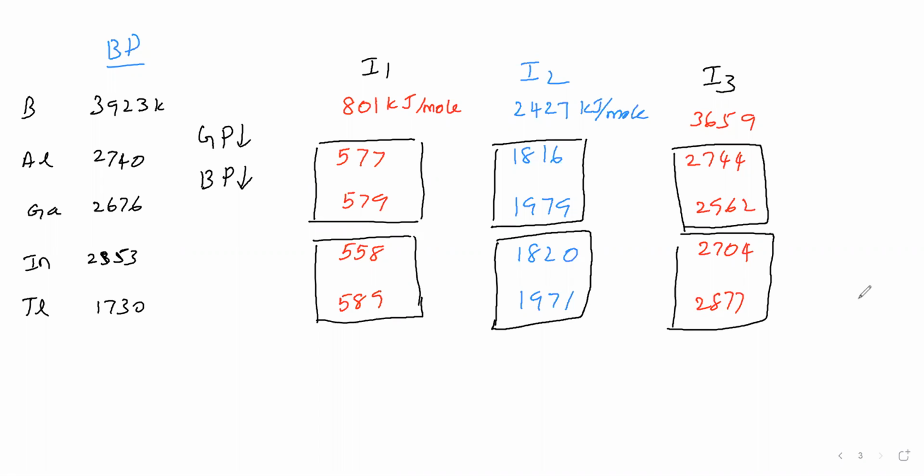Then we will see how the density of these elements will be. Boron density is 2.35 gram per centimeter cube.